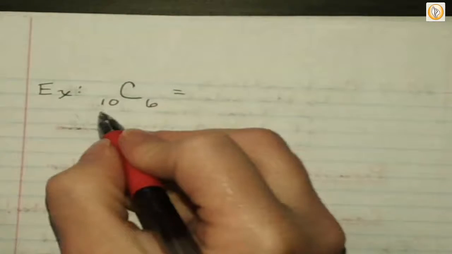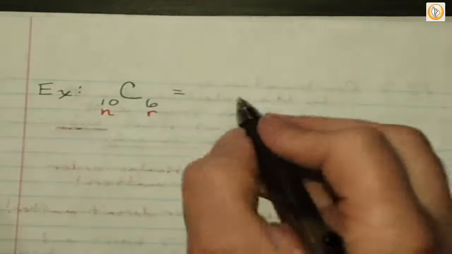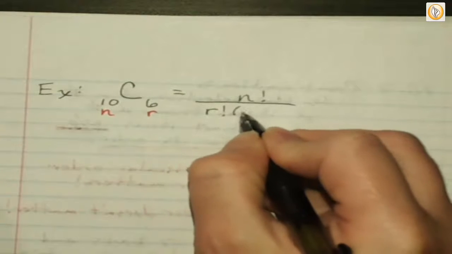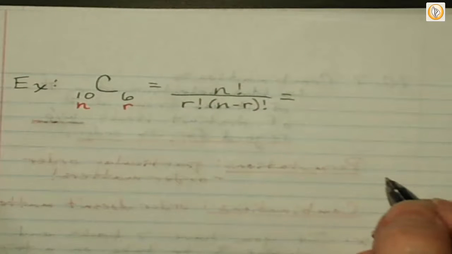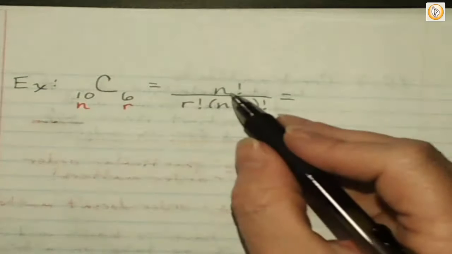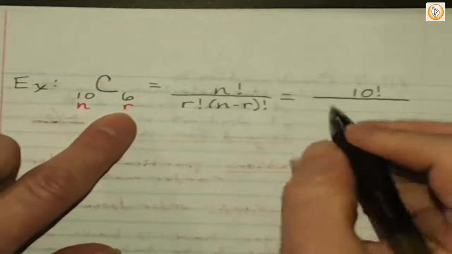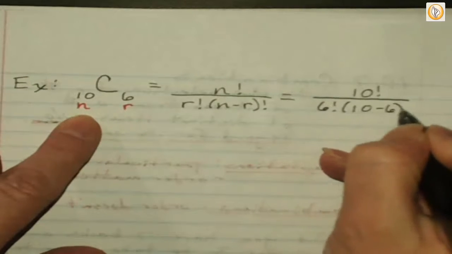Okay, so I have 10 and 6, so N and R. So my formula again is N factorial over R factorial times N minus R factorial. So N factorial is going to be 10 factorial over 6 factorial times 10 minus 6 factorial.